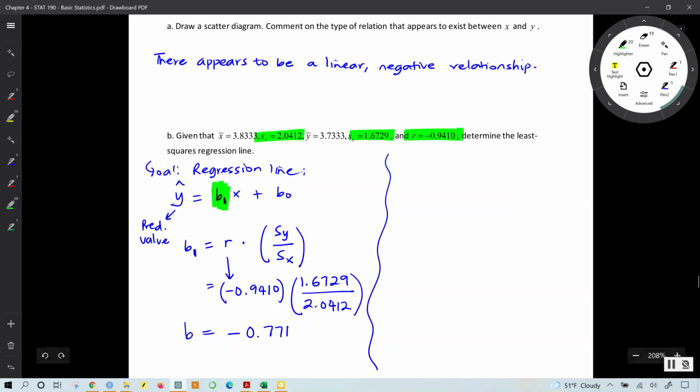Now that I have my beta 1, take note, this answer is going to be slotted back right here. But before we do that, we need to compute beta naught.